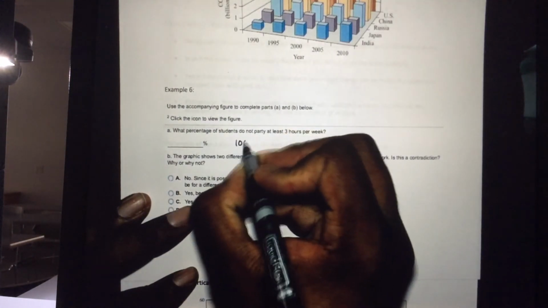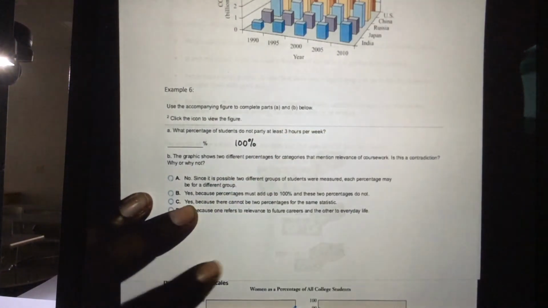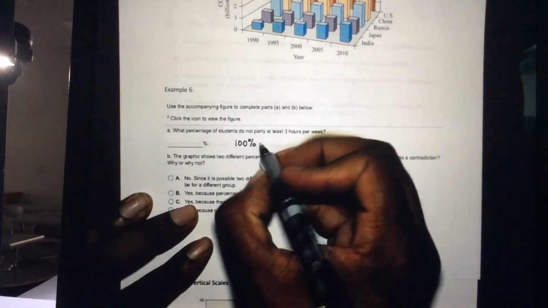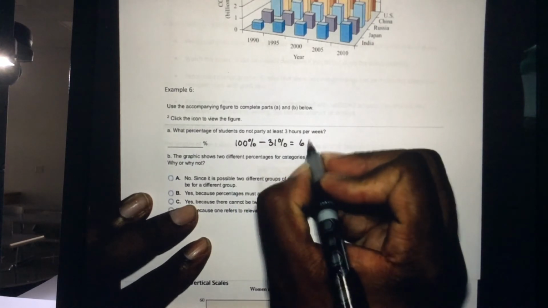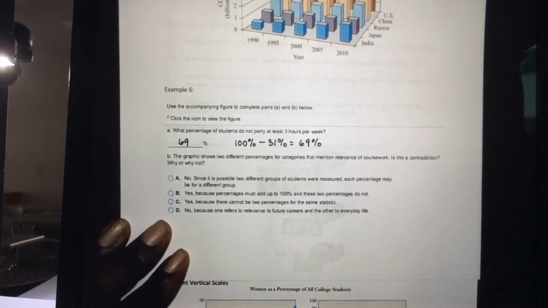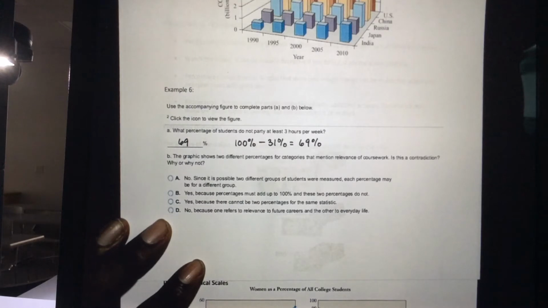Well, let's do this. Out of all the students, we're going to use 100%. We found that 31% partied. So if I subtract 31% from 100%, you'll get 69%. So that means 69% do not party at least 3 hours per week.